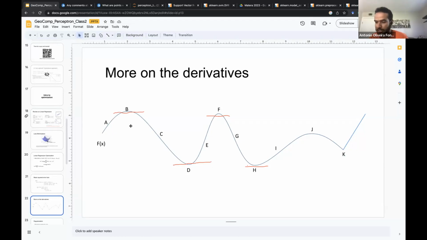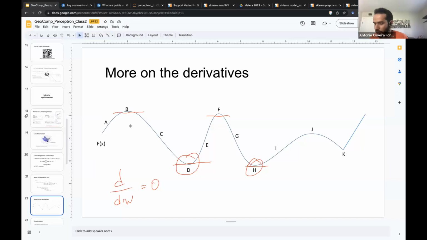So now I have to be very careful when optimizing, and keep in mind that what I'm looking for is the derivative with respect to the weight being equal to 0, because that can take me to where I want to go, which is D or H. Potentially, what's the global minima?